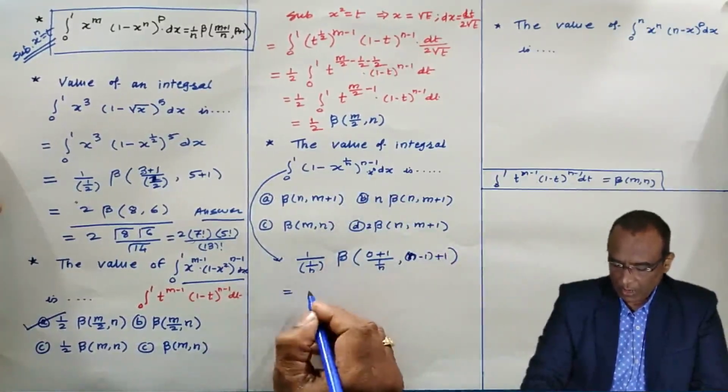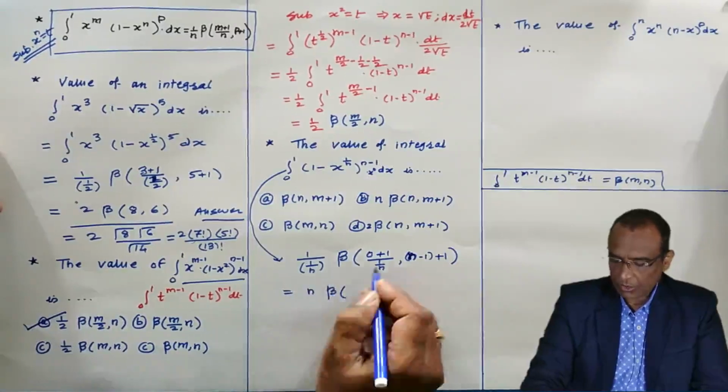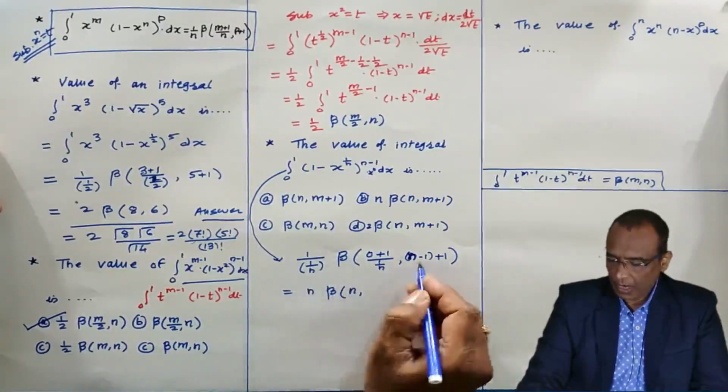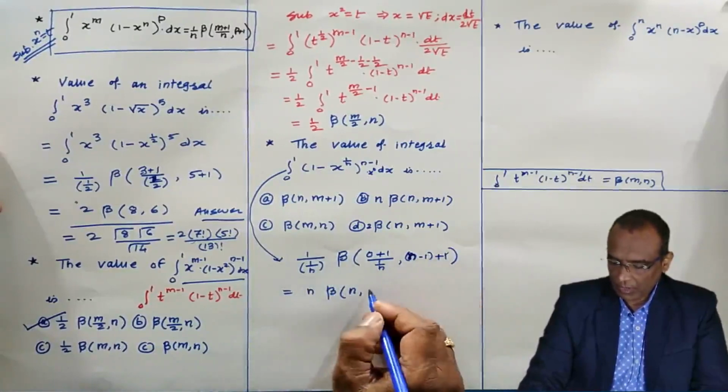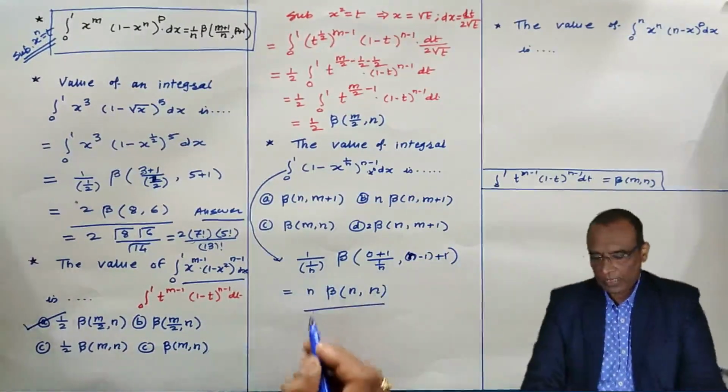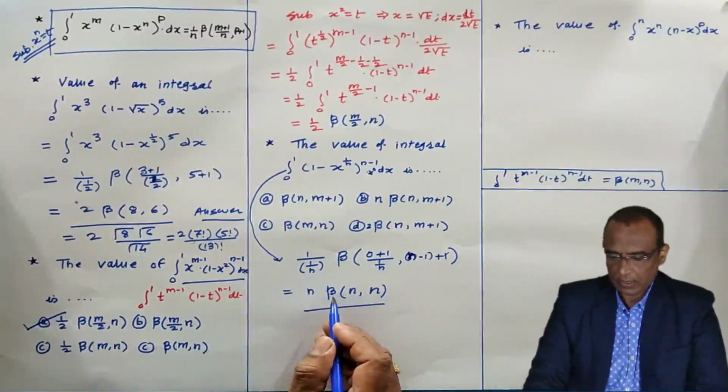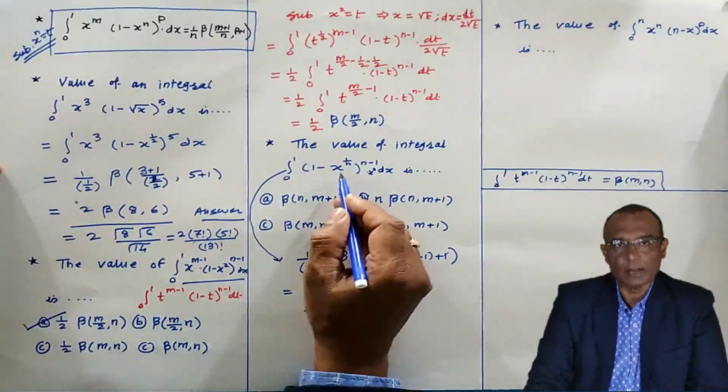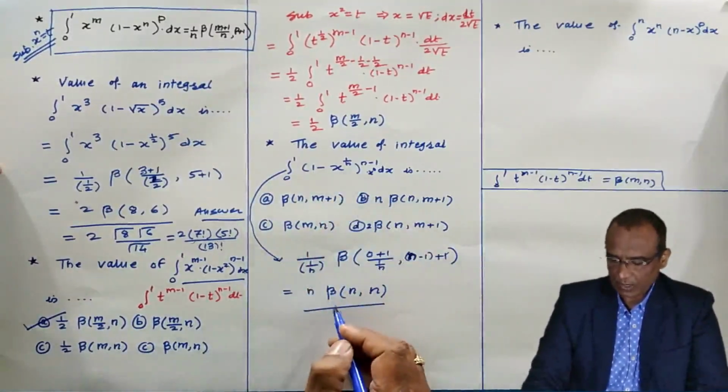This n will come up in beta, n is also coming in the numerator, and this gets cancelled 1 1, and beta n n. So n, beta n n is the value of this integral.